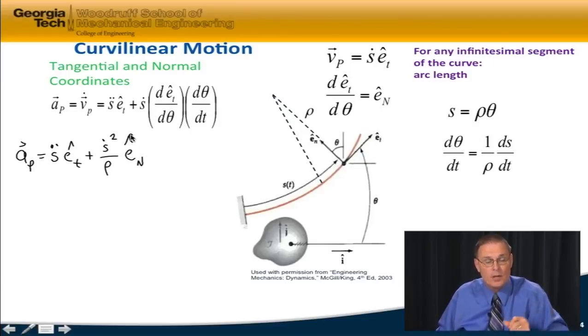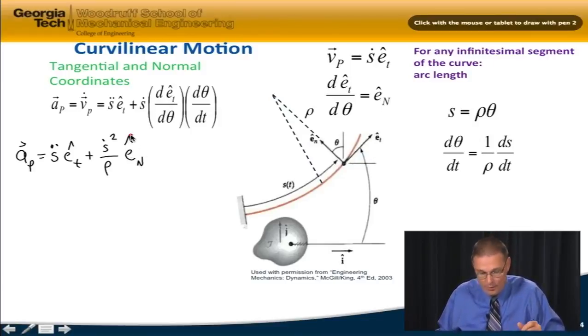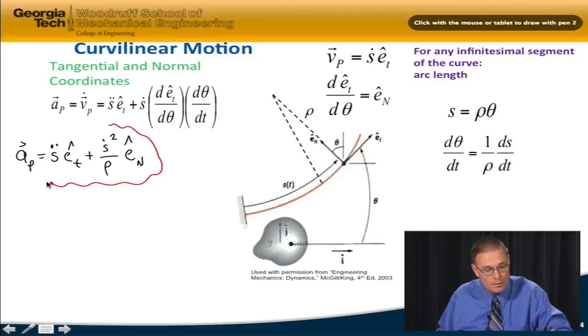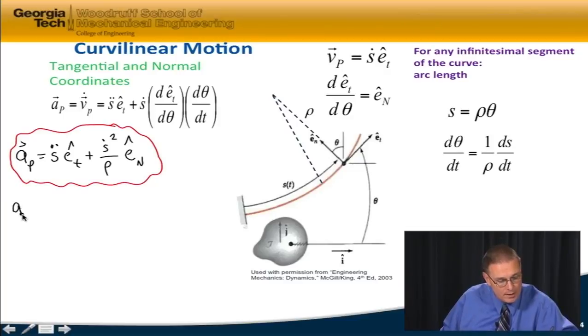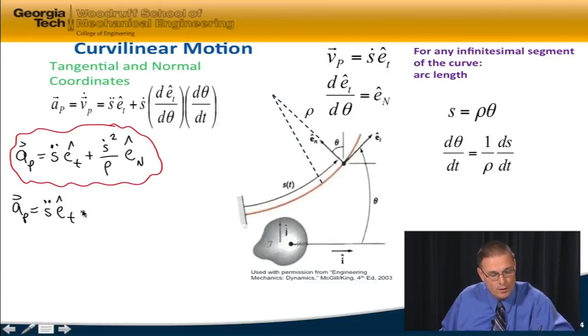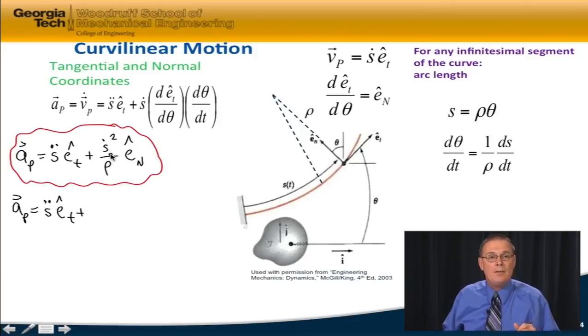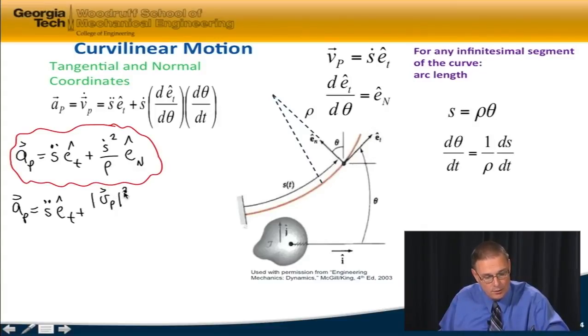And so that's an expression for the acceleration in the tangential and normal coordinate system. Another way to express it would be A sub p is equal to s double dot E tangential plus, s dot, remember, that's the speed, or the magnitude of the velocity, so I can write this as the magnitude of the velocity of p squared over rho in the normal direction.